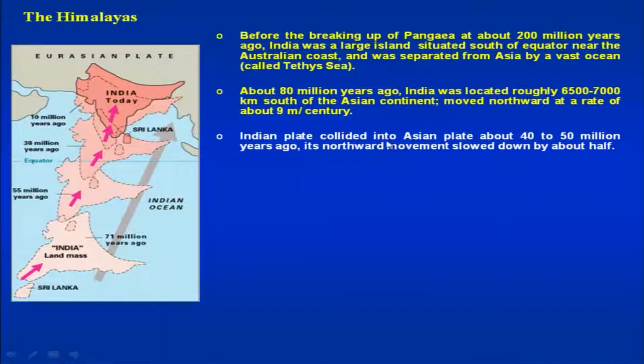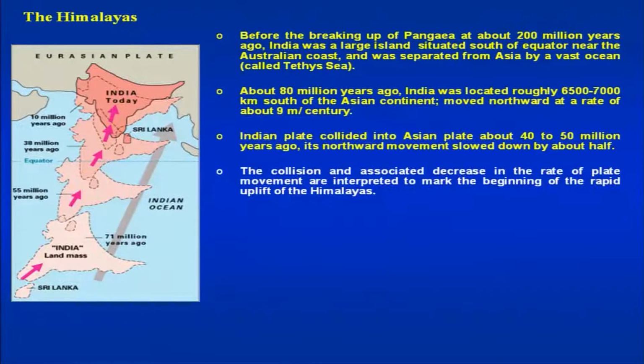During this time, when there was a collision about 40 to 50 million years ago, its speed, or velocity, slowed down because of the collision, and the decrease in the rate of plate motion is interpreted as the time when the rapid uplift of the sediments started, resulting in the formation of the Himalayas.